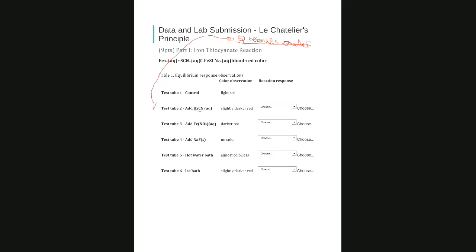So basically, here you said, okay, it shifts toward the product, right? Why did you say that? Because you just looked at the color and said, okay, slightly darker, then it's the product. But now they want you to use the Q and the Le Chatelier principle and see if it makes sense with what Le Chatelier said.